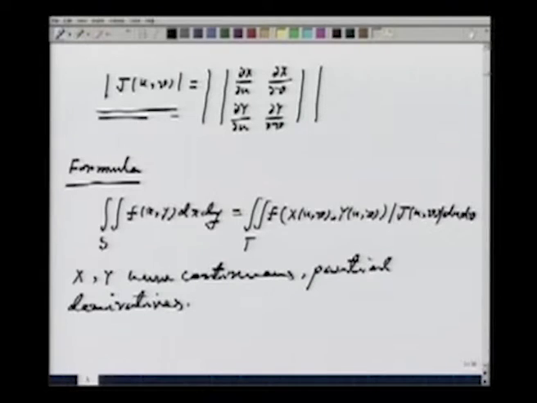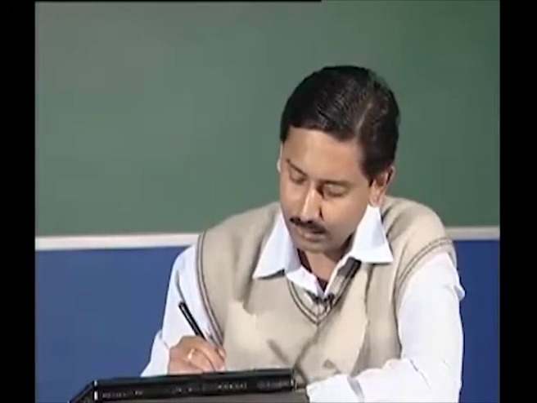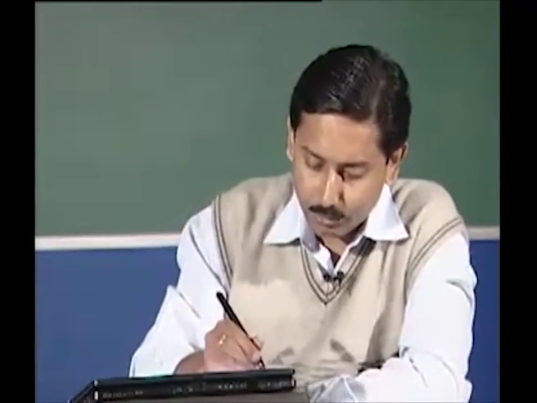Otherwise the mod J(u,v) won't make sense. So for any arbitrary kind of transformation I cannot work. The condition on the transformation is that the partial derivatives exist and they are continuous. Now based on this formula, let me try to look at an example.